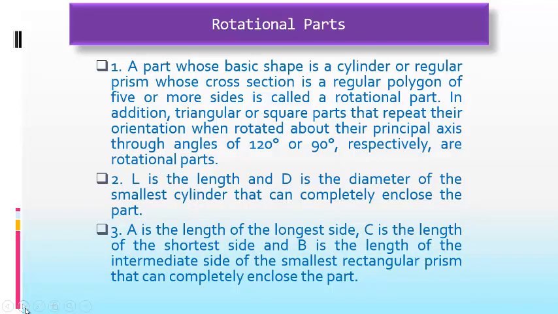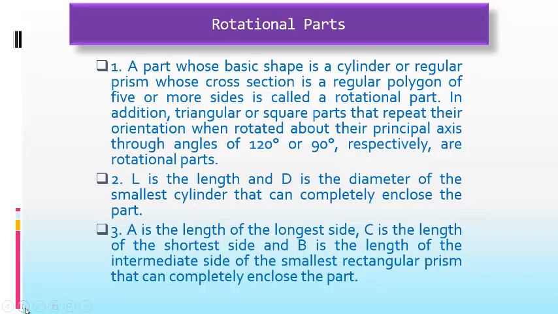A is the length of the longest side, C is the length of the shortest side, and B is the length of the intermediate side of the smallest rectangular prism that can completely enclose the part.